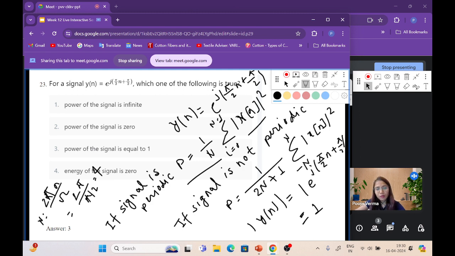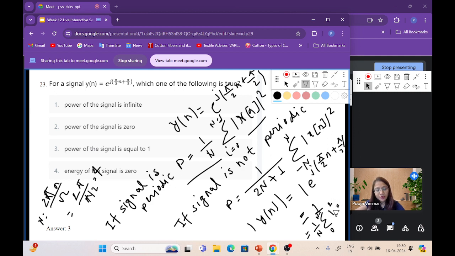Okay. So now if we put this value in this, then what do we get? 1 by N, where n varies from 0 to N minus 1, 1 square, that is mod of x of n.